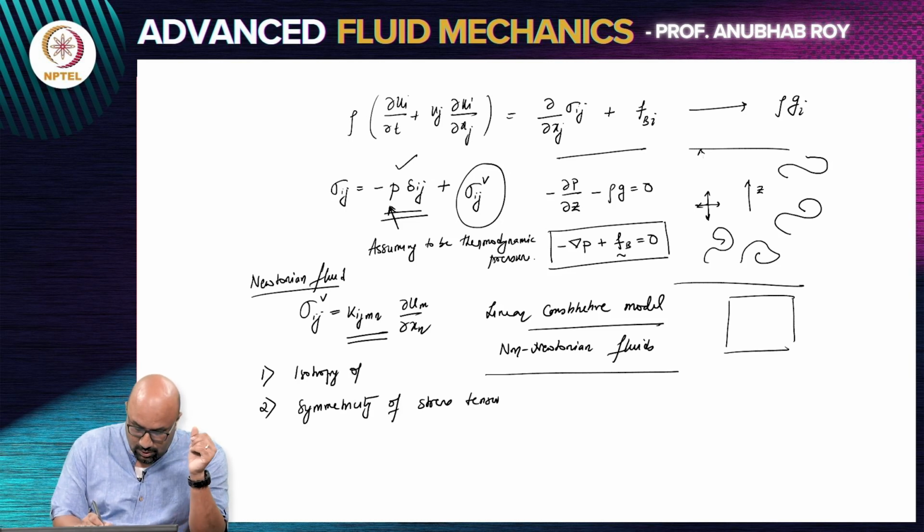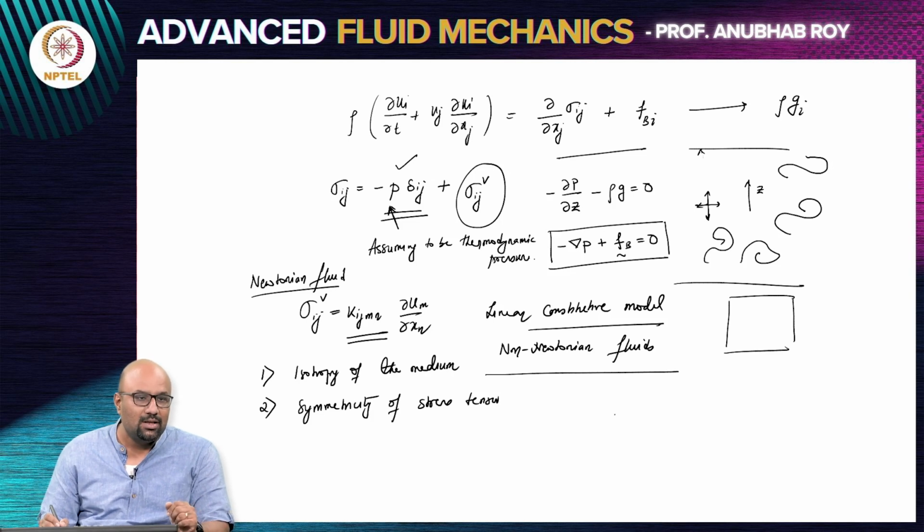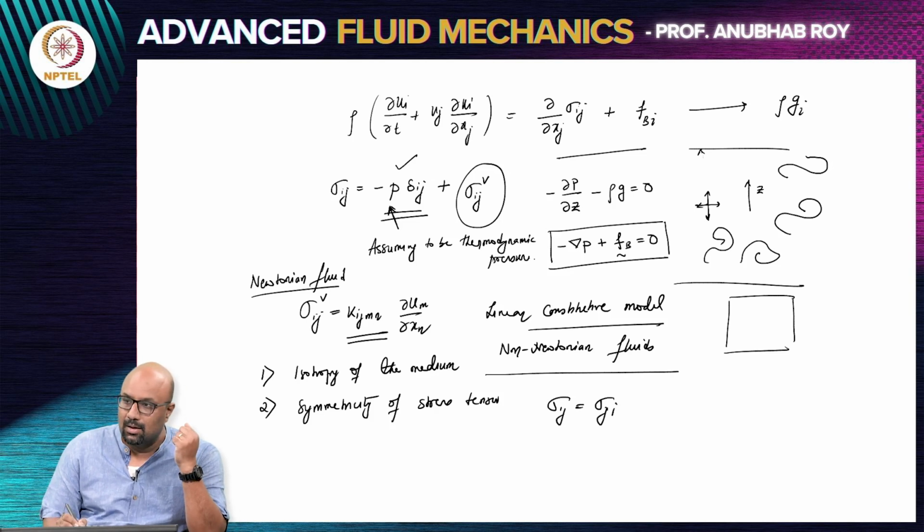So, this was isotropy of the medium, and the next was the fact that the medium does not have any body couple, which is why you have the stress tensor being symmetric. With these assumptions, what we arrived at was that finally sigma ij, with the substitution of what should be an isotropic fourth order tensor.